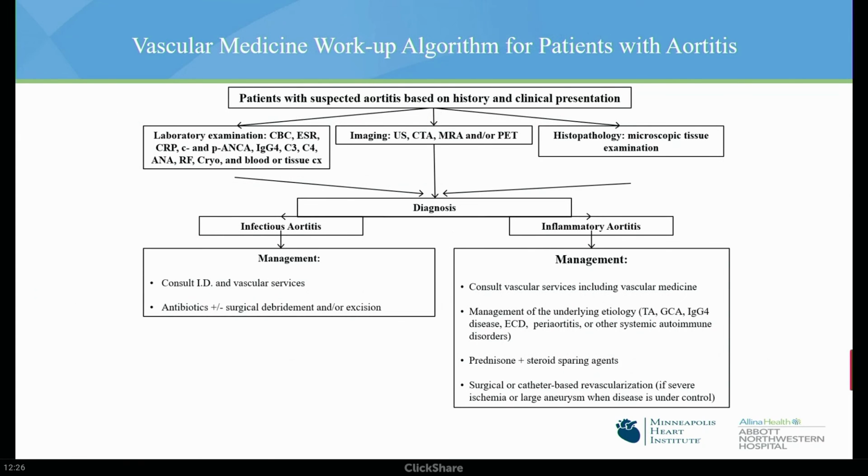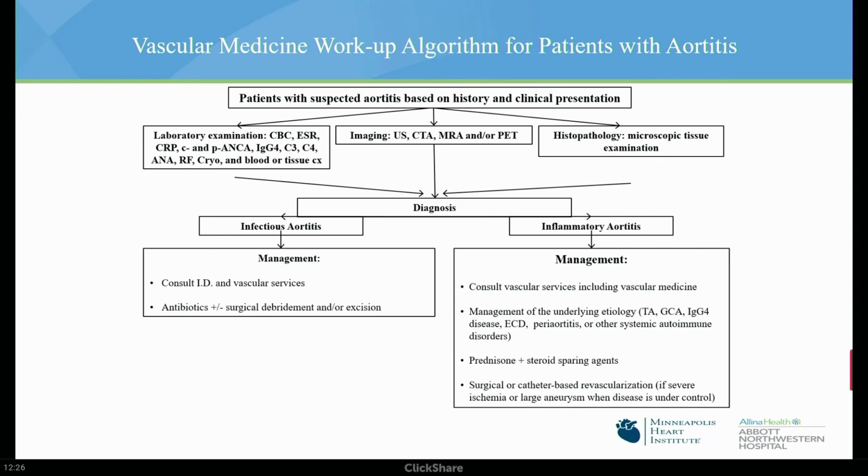How do we work up these patients in our practice? When these cases come to our practice, we get called by vascular surgery and vascular medicine, to have a multidisciplinary approach. If there is a suspected case of aortitis based on the history and clinical presentation, I send blood work for CBC, ESR, CRP.